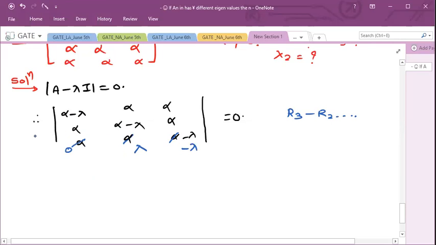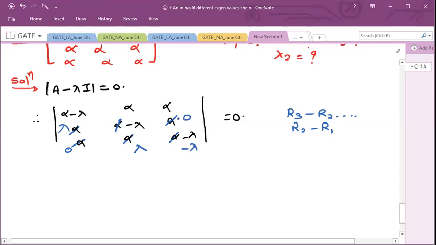This was R3 minus R2. In the same way, I can do R2 minus R1 as well, or you can do R1 minus R2, whatever you feel like. If I am doing R2 minus R1, alpha minus alpha will become 0, and minus lambda will come here, it will become plus lambda. Alpha minus alpha will become 0, and this alpha minus alpha will become 0.